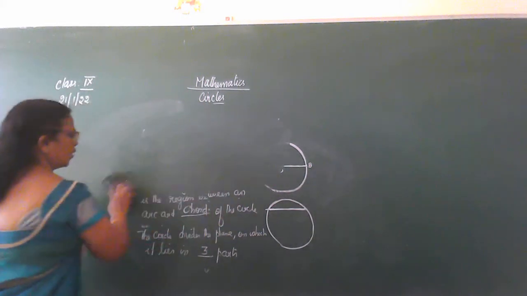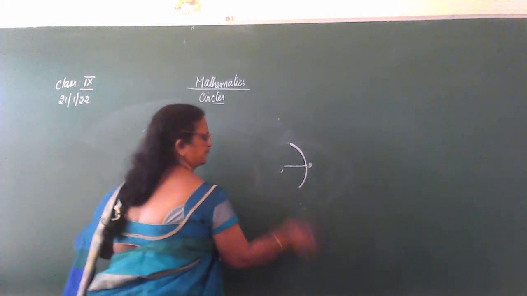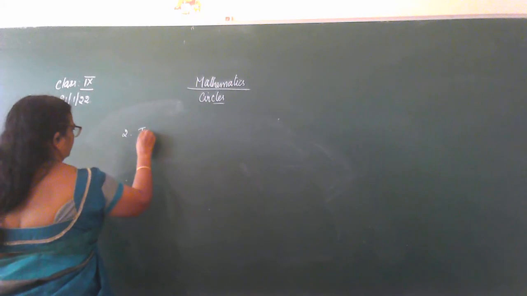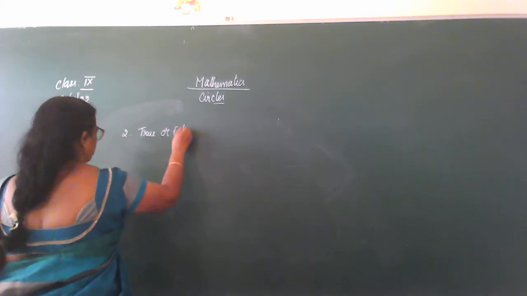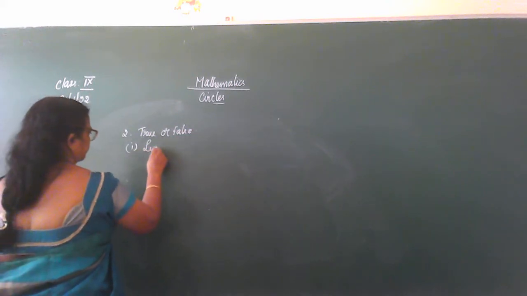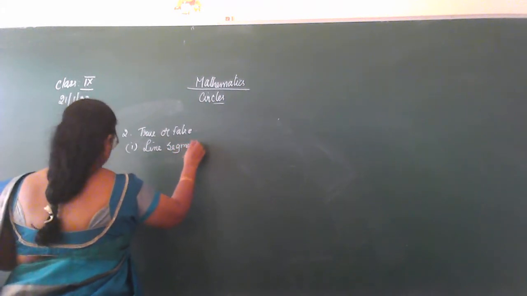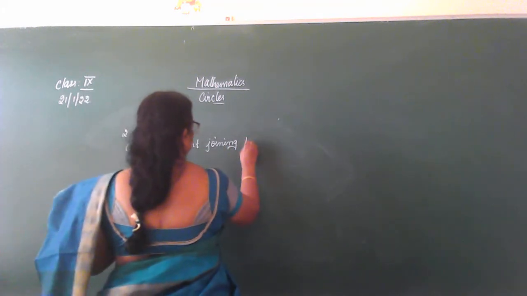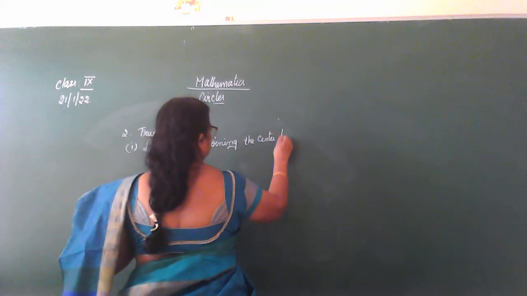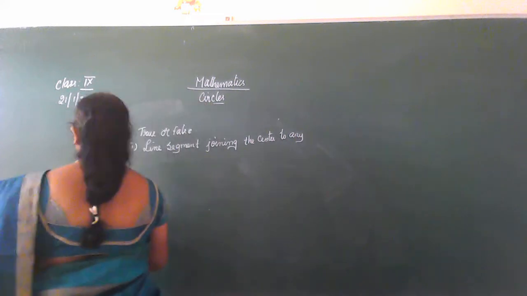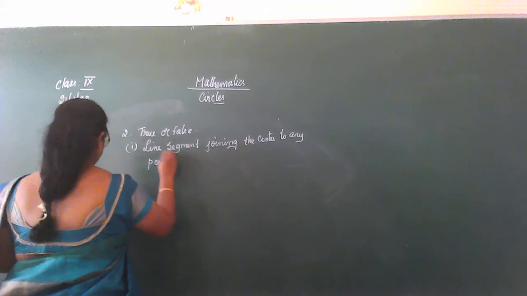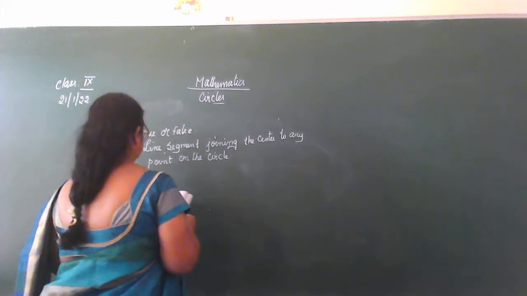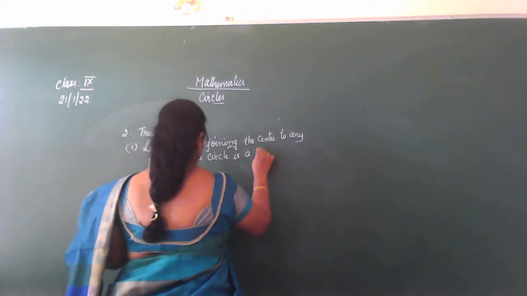Now, let us move on to the true or false. The line segment joining the center to any point on the circle is the radius of the circle.